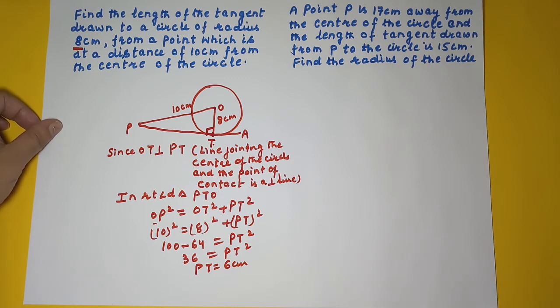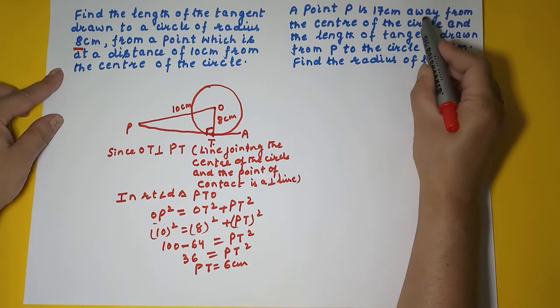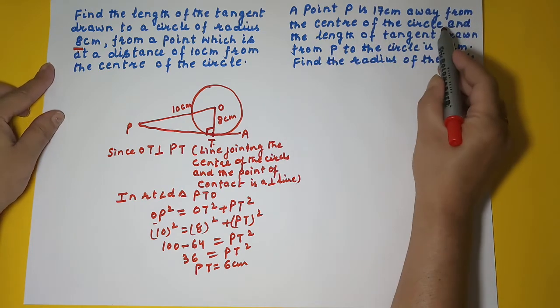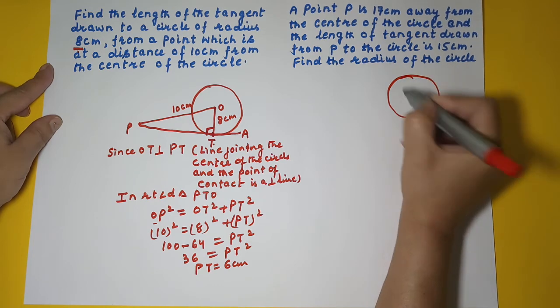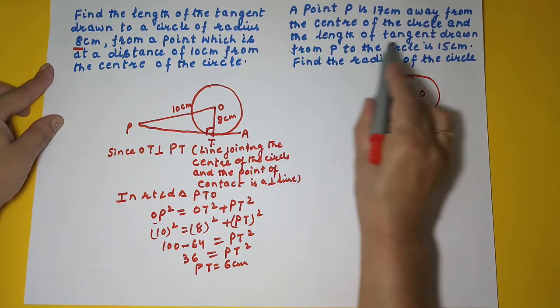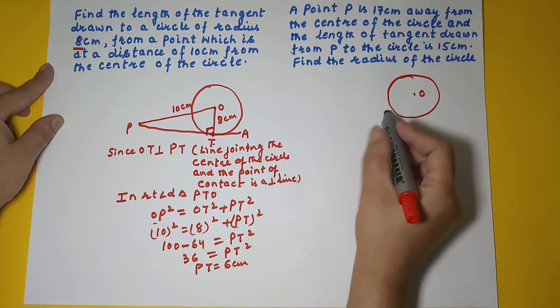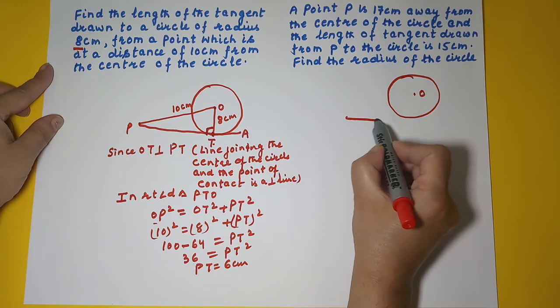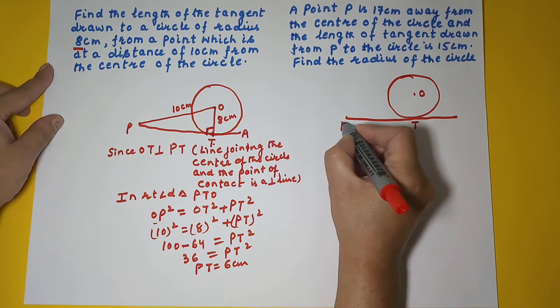Now another one, he's saying that a point P is 17 centimeters away from the center of the circle. Let's make a circle and let O be the center of the circle. And the length of the tangent drawn from P to the circle is 15 centimeters. Okay, let's draw a tangent to this circle and let's assume that this is the point of contact.